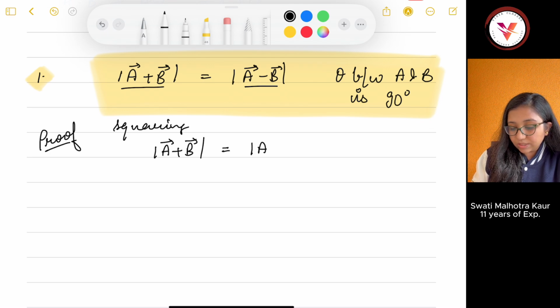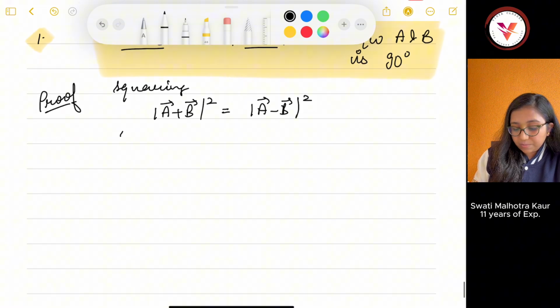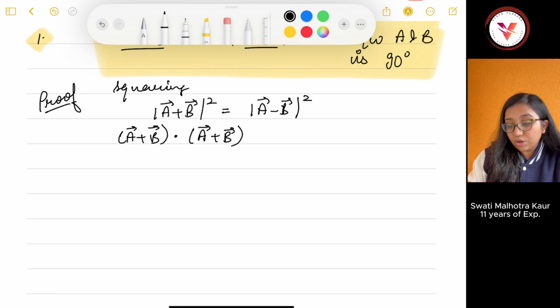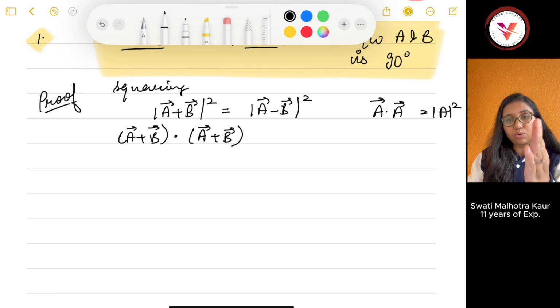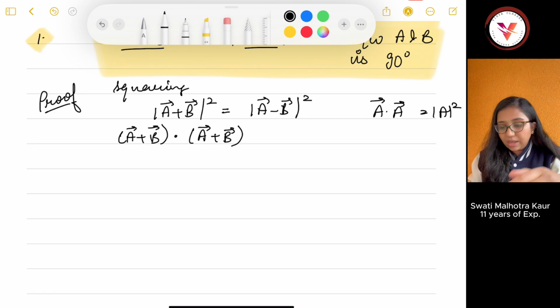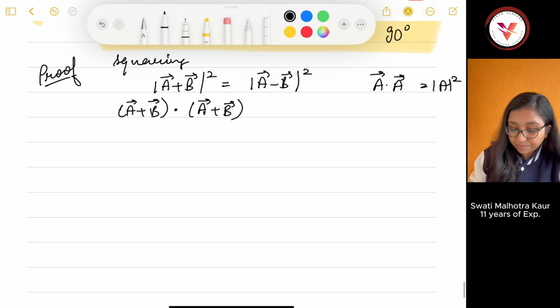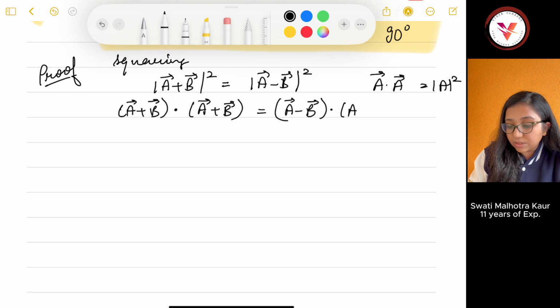Okay, I square both the sides, and if I'm squaring both the sides, then I can write it as A plus B dot A plus B, because we have already discussed that if you take a dot product of a vector with itself, it's basically its magnitude square, because theta is always 0. One vector over the same vector, the angle is 0 degrees. It's always in the same direction. Is equal to A minus B dot product of A minus B.